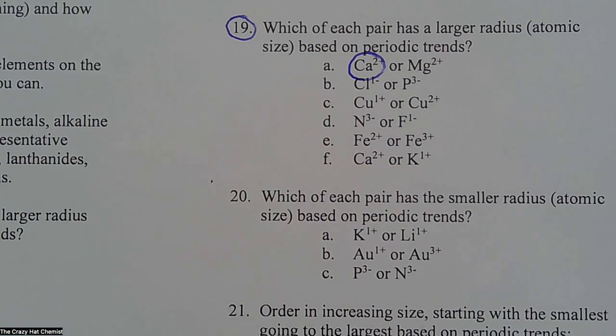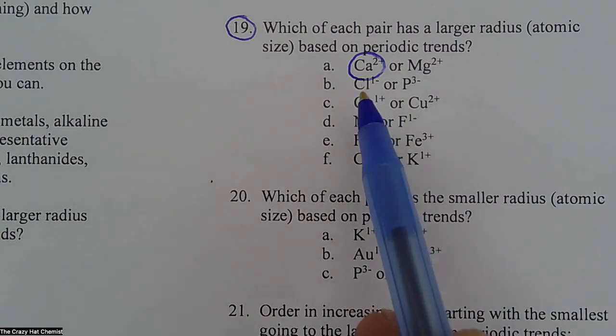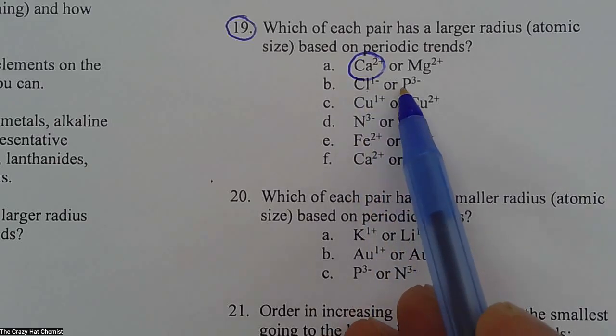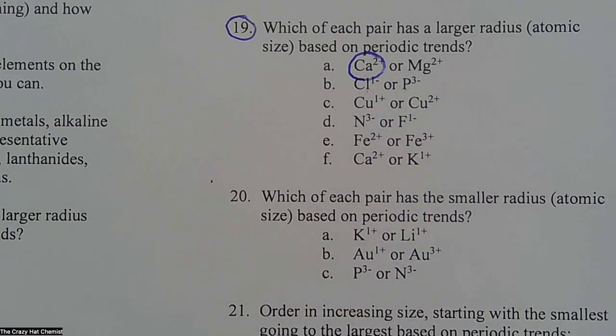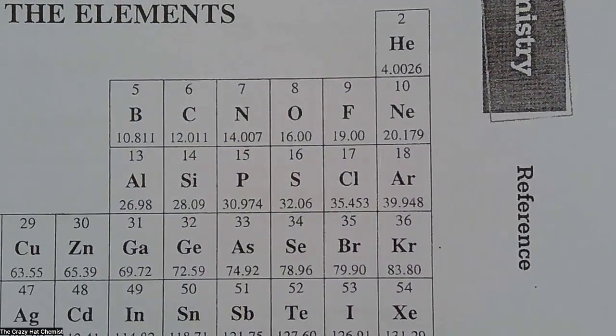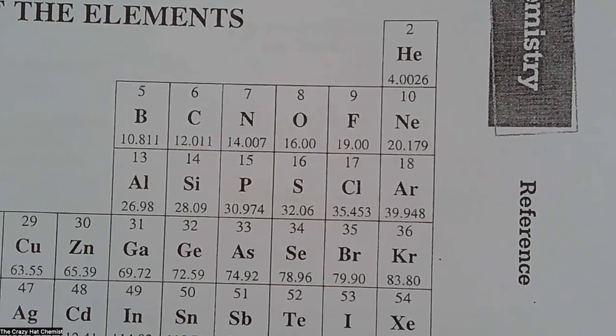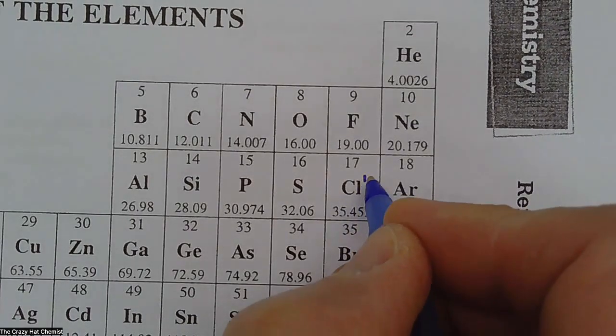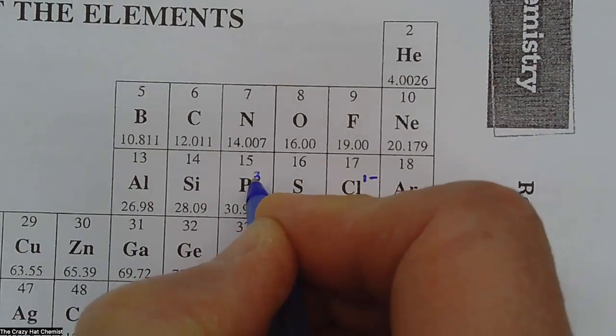All right. Now our next one here is B, the chloride ion versus the phosphide ion. So again, we're looking for the larger radius of the 2, and that's what we're looking for. So let's see, here's the chloride ion, and here is the phosphide ion right here.